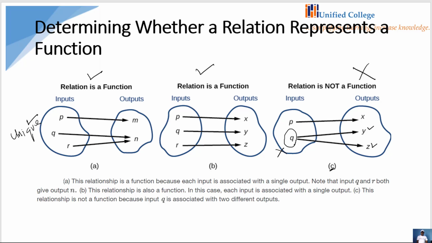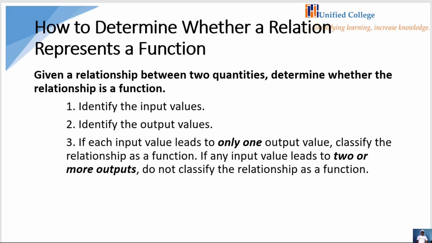Next, let's look at the general rules to observe in determining whether a relation is a function. Given a relationship between two quantities, determine whether the relationship is a function.